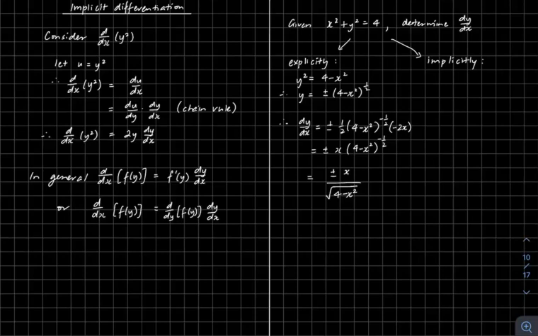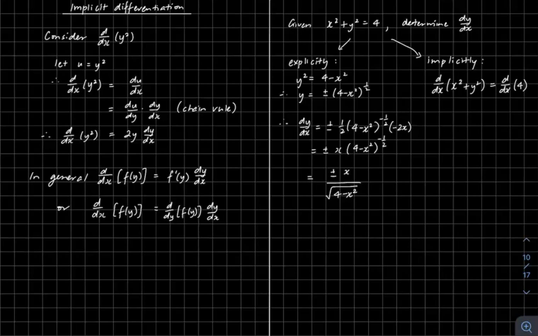So if I'm going to do it implicitly, I'm going to use the theory that I came up with over here, that I can differentiate anything with respect to y, with respect to x, by just differentiating with respect to y first, and then multiplying by dy dx. So I'm going to say the derivative with respect to x of the left-hand side is equal to the derivative with respect to x of the right-hand side.